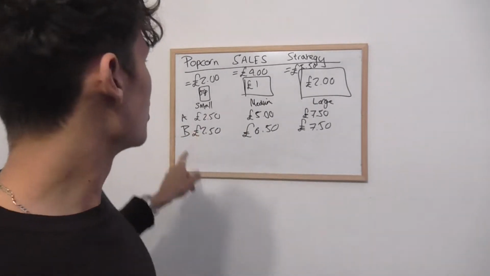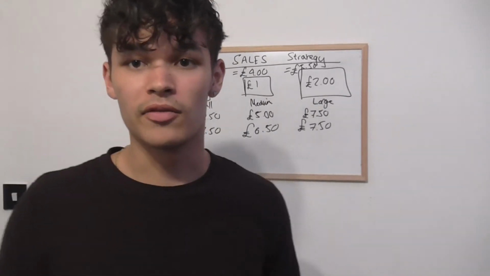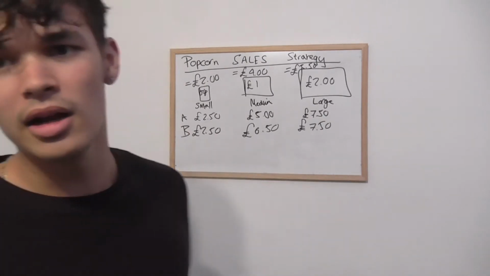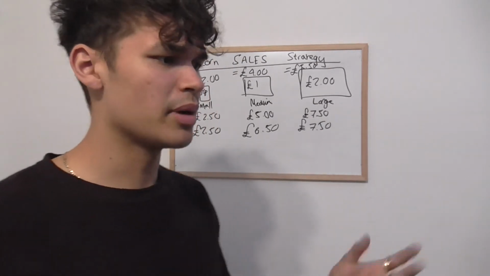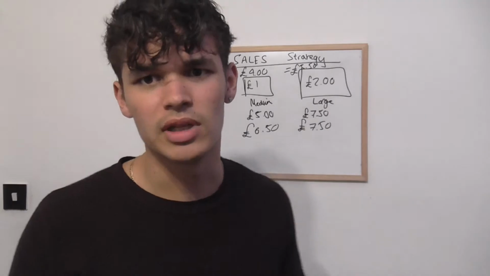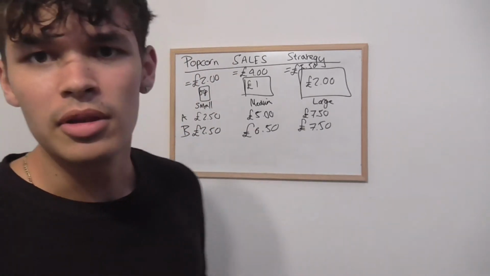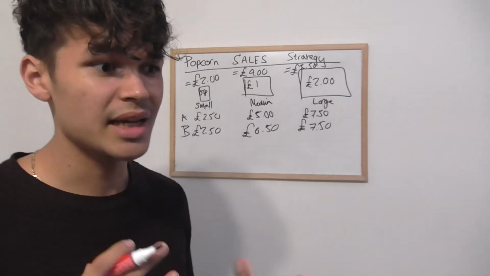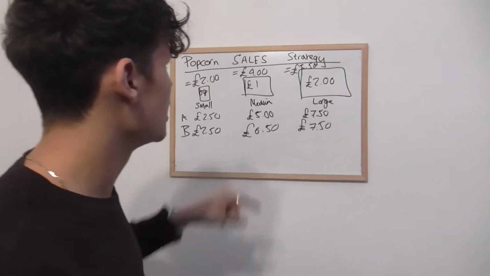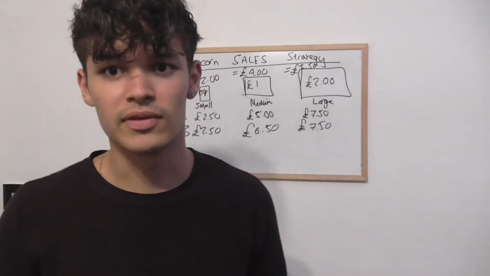However, scenario B, what am I going to think? Well, I go in, I look at the small bucket and I think £2.50, that's quite cheap, seems reasonable. The medium bucket, £6.50, that is quite expensive. Large bucket, £7.50.